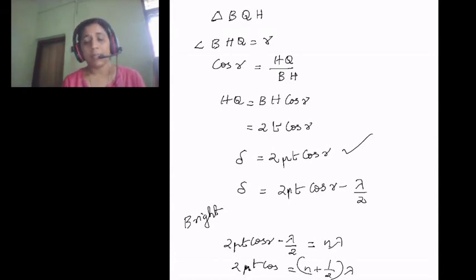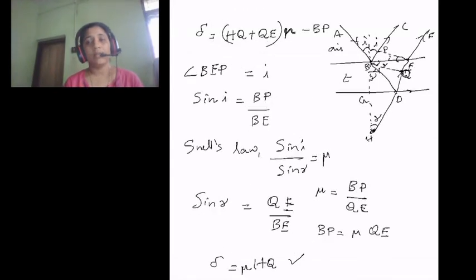But here the path of that BC ray is actually traversing from a denser medium towards a rarer medium. Therefore here we have to consider this ray's additional phase change, because any beam which is traveling from a denser to rarer medium will undergo a phase change which corresponds to a path difference of lambda by 2.